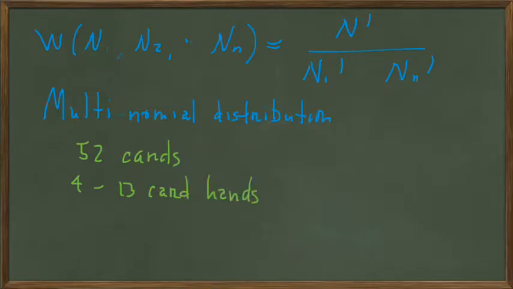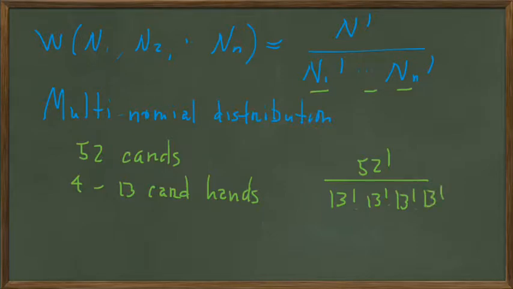So the n factorial would be 52 factorial, and the n1, n2 to nk would be the 13 card hands, but there are four 13 card hands, so that would be dividing by 13 factorial 4 times. This is a huge number, 5.36 times 10 to the 23rd, or bigger than Avogadro's number, so we're not going to run out of unique bridge hands.